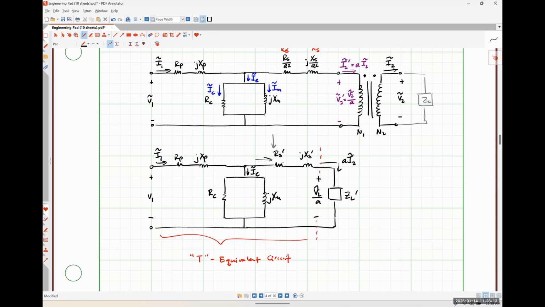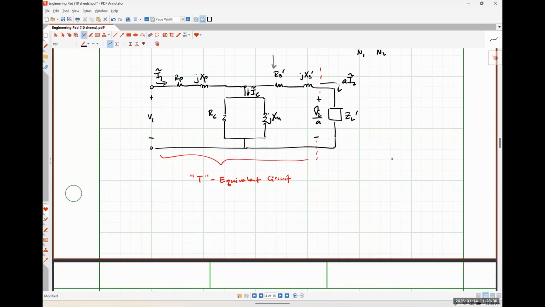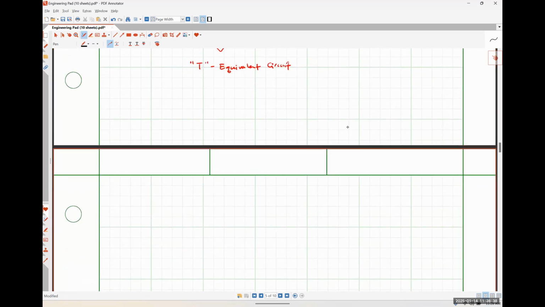Almost all of I1 continues flowing through those reflected impedances. So what we can do is literally just lump together all of those series components, only introducing a small amount of error into our system since we know almost none of it actually branches off. So our cantilever equivalent circuit would look something like this.